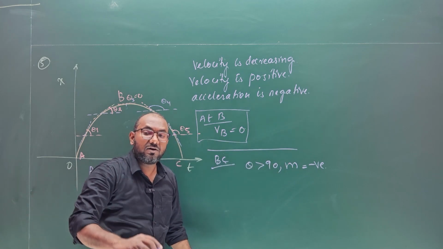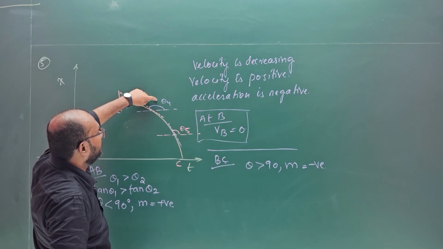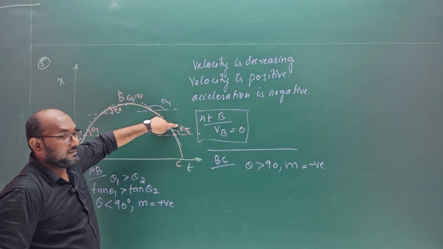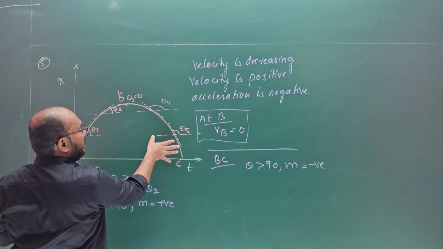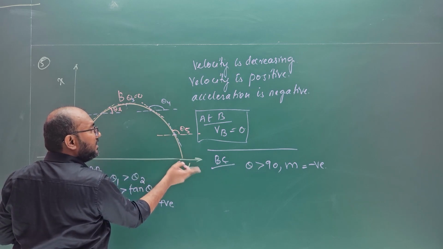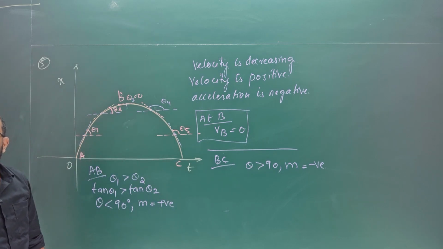Whether it is increasing or decreasing, let us find. Now by seeing this, we can say that theta 4 looks greater than theta 5. Just by observing this diagram, I can say theta 4 is greater than theta 5, but we got a negative slope. Whenever slope is negative, tan comes in the second quadrant.